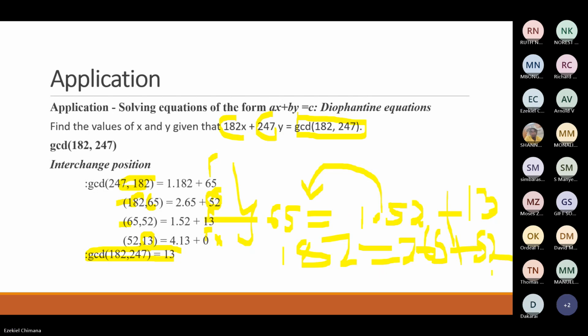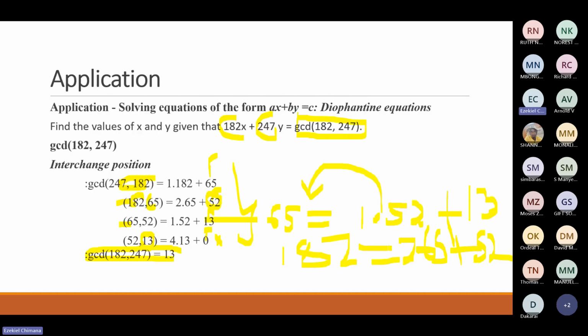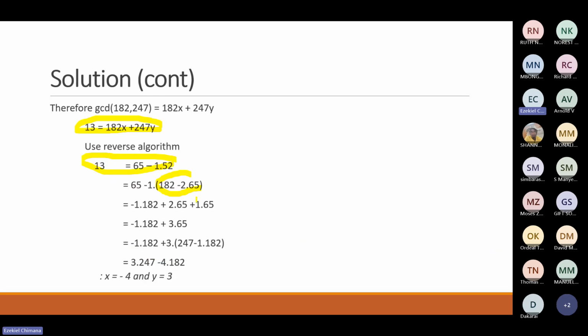Then from here, I want to make this 52 the subject of formula. This remains the subject, so you just take everything to this side. So we end up having 182 minus 2 times 65. This is the thing that we have. And then you replace this 52 with the 52 value that we have, which is 182 minus 2 times 65.